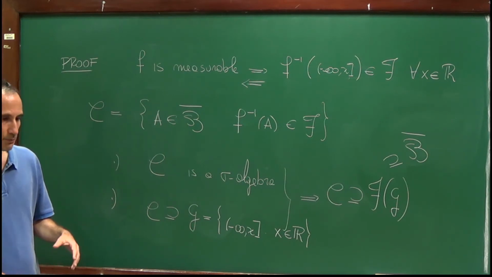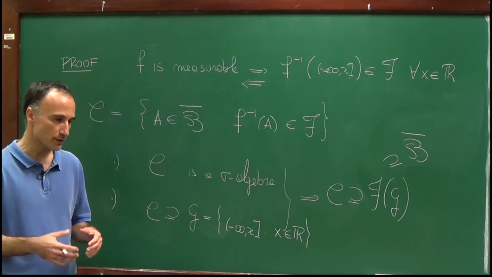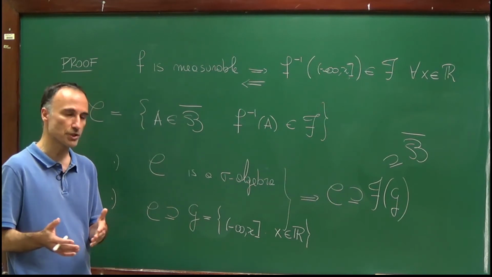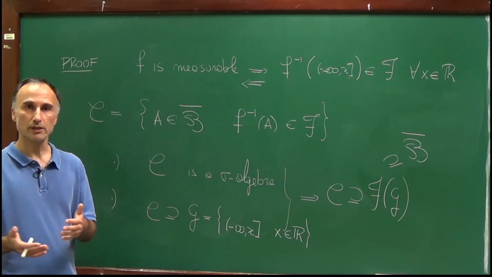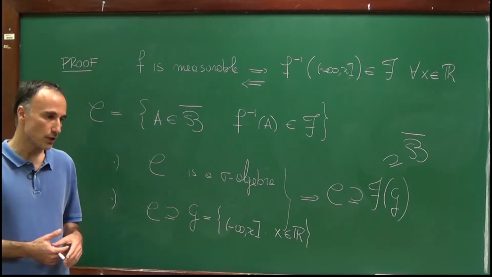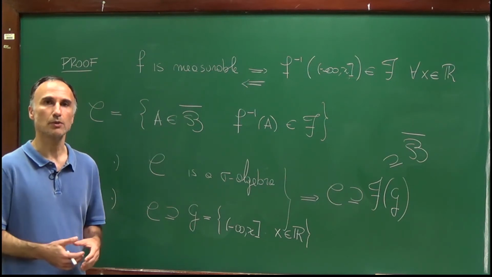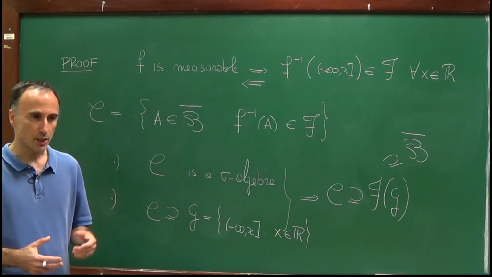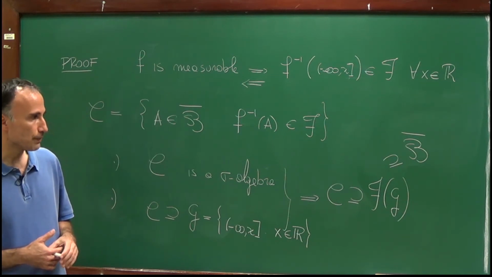Sometimes, instead, we use the monotone class theorem, which tells you that the monotone class generated by an algebra coincides with the sigma algebra generated by this algebra. So we'll show that this class is a monotone class and it contains the algebra and therefore contains the sigma algebra. So this is a second way to prove that some property is satisfied by a certain sigma algebra. The proof, as you've seen, is very elementary. It's just that the idea is very important, and I want you to remember it.